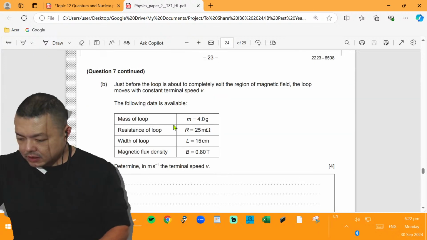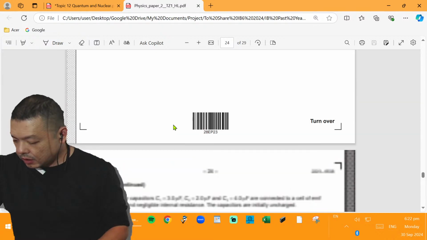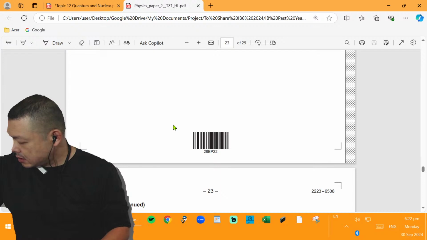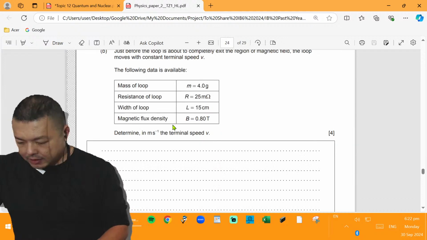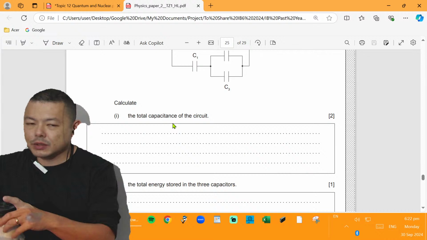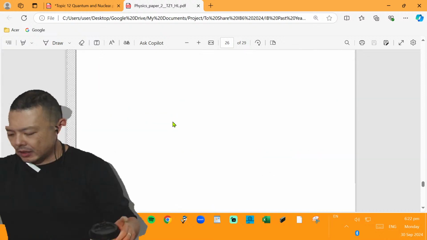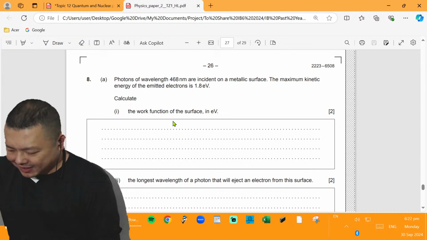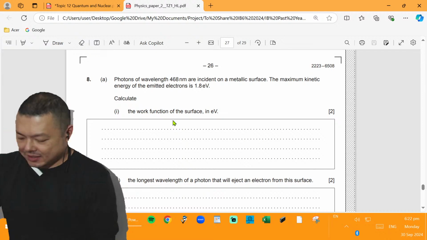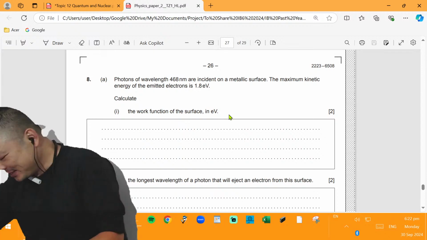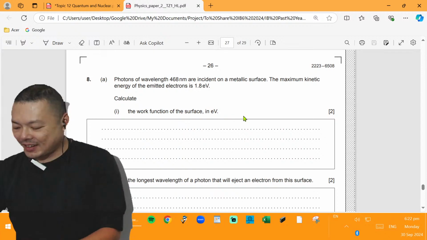What's this? 7B or 8B? 8B. Okay. What was the request? 8A2. Looks like I'm going to have to do 8. Isn't this what I just went through? Okay, what's this?